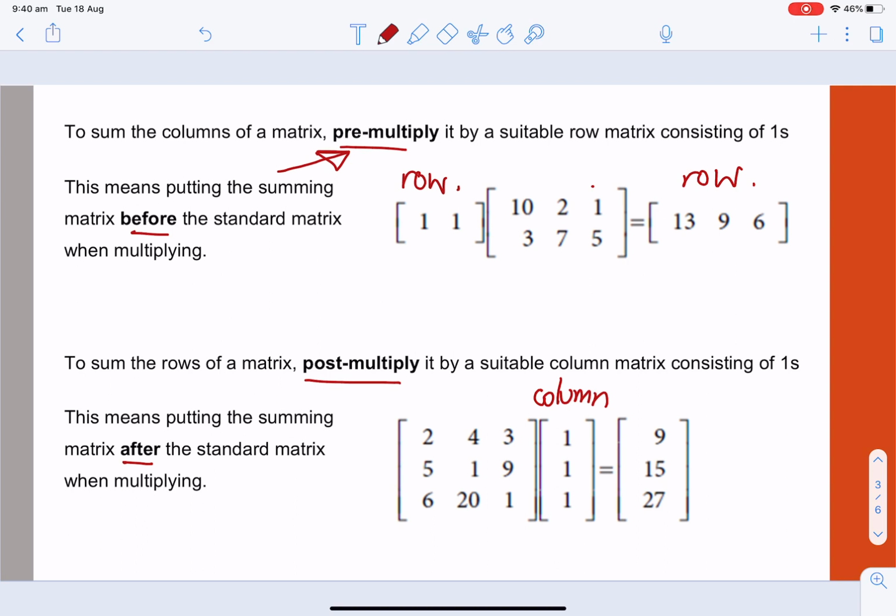And because I've got a column summing matrix, I'm going to end up with a column product matrix at the end of it. So pre-multiply means before, post-multiply means after. Think about football or any sports really. Pre-game entertainment is always that entertainment before the game, and the post-game celebrations are after the win or, unfortunately, the loss.